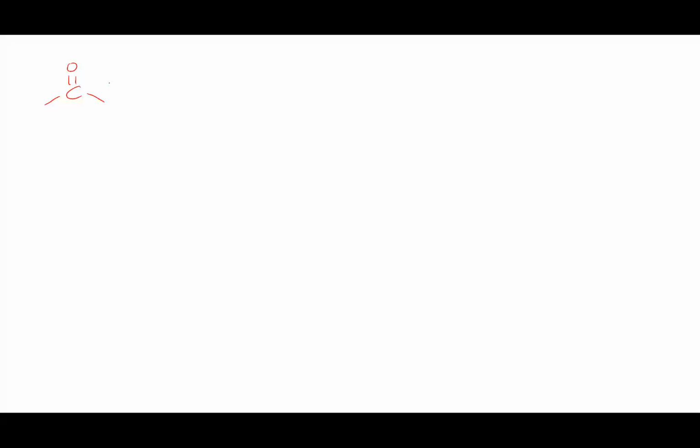So, in terms of the carbonyl chemistry, we're going to, first of all, group aldehydes and ketones together. That's the first grouping we're going to make, and that's what we're going to talk about.